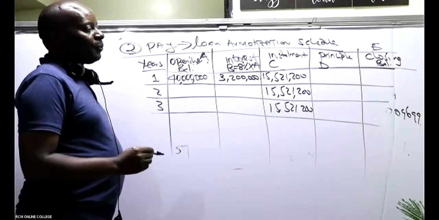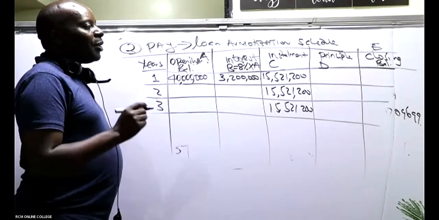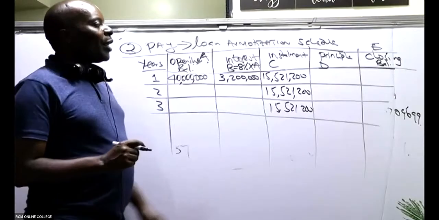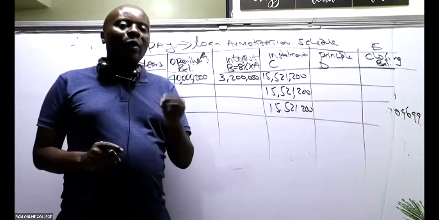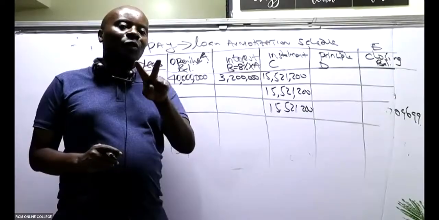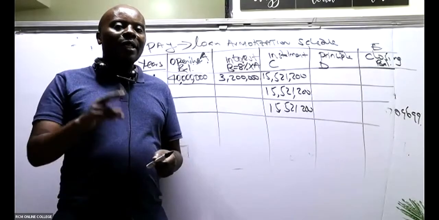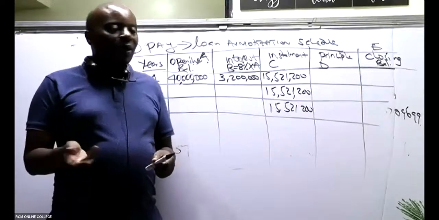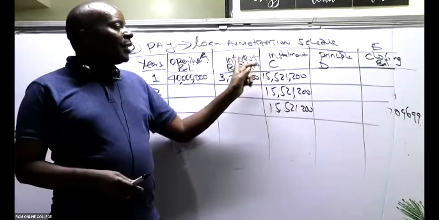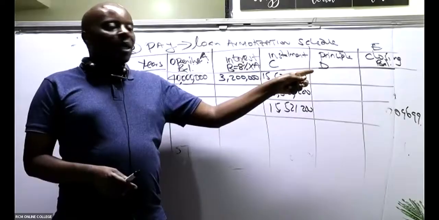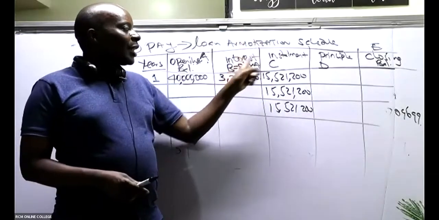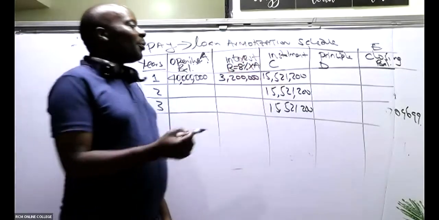Thank you so much. Then, ladies and gentlemen, you know that whenever we pay an installment, it covers two things. It covers interest, and it covers what year? It covers the principal. So basically, this installment is interest plus principal. Now that I have interest and I have installment, then to get principal is very easy.